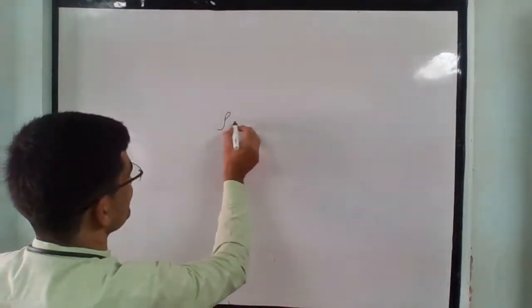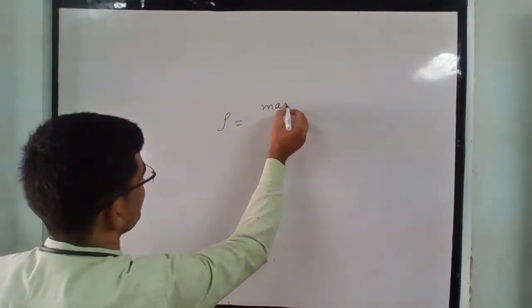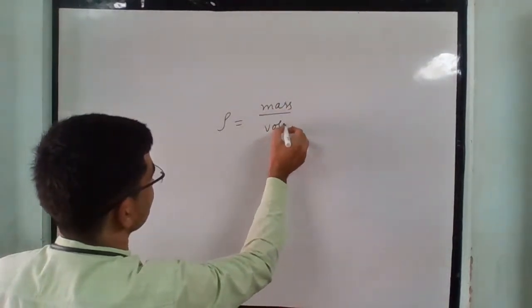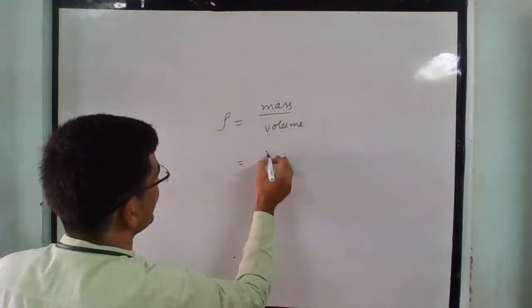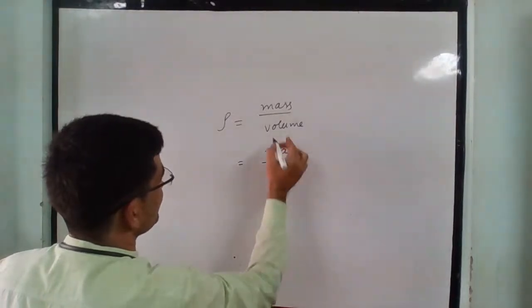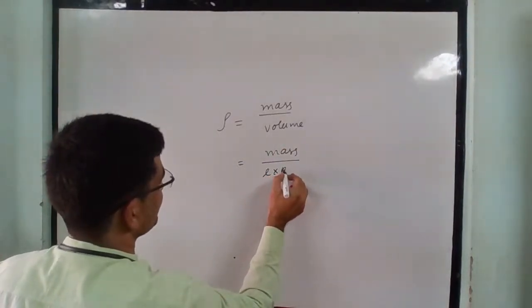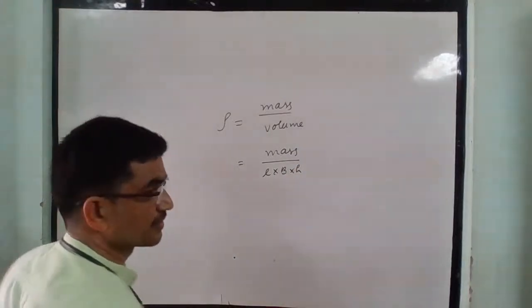Similarly, one more example: suppose we are finding the density. You know the density is equal to mass upon volume. When we have a cubical object, the volume is equal to length, breadth, and height.